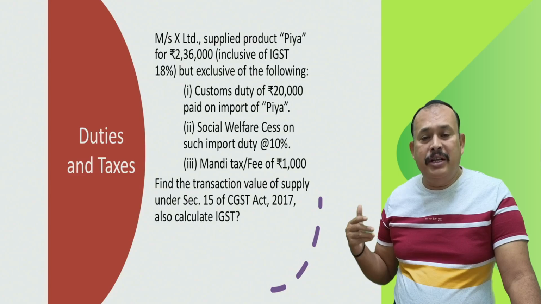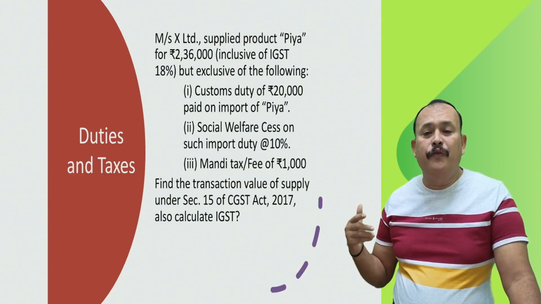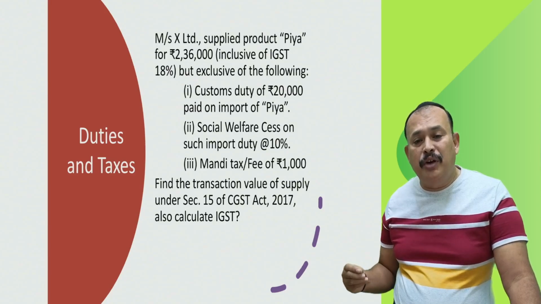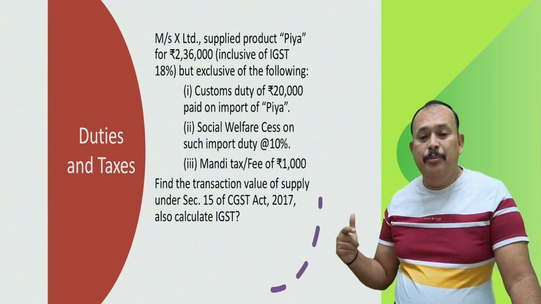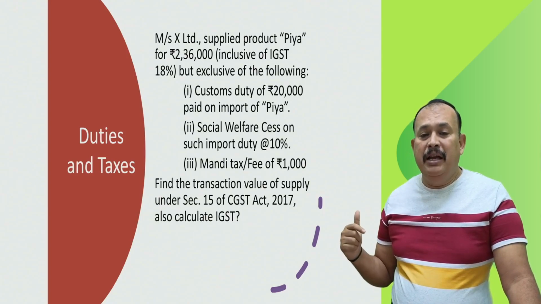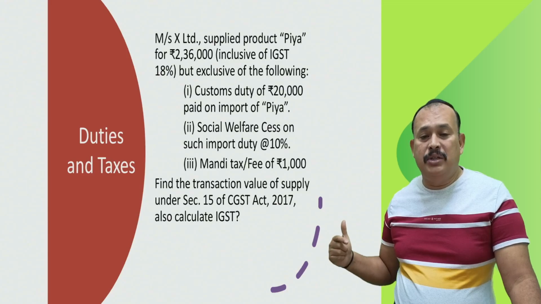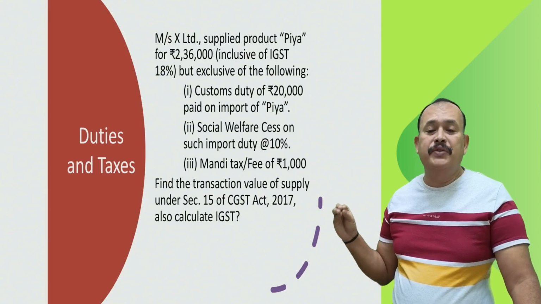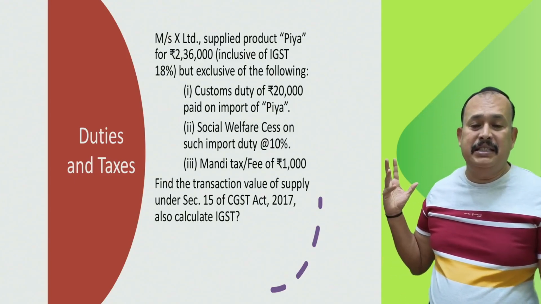Customs duty of 20,000 paid on import of pear, social welfare surcharge of 10% on such import duty already paid, and mandi fee or tax of rupees 1,000 paid for the given product. Find the transaction value of supply under section 15 of the CGST Act.